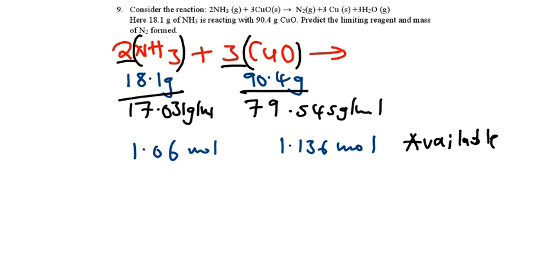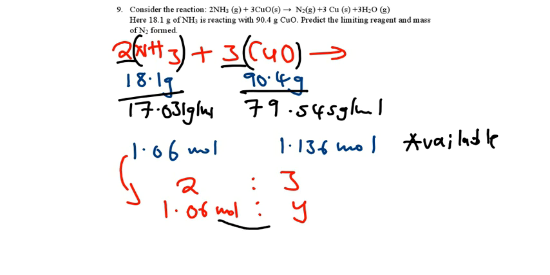In the equation the ratio is 2 to 3. To determine how much is required, we can start with either of the two. I would go for the very first one, 1.06 moles. I will assume I don't know how many moles of copper(II) oxide were available, so that I determine how many moles are required by the moles of ammonia present.